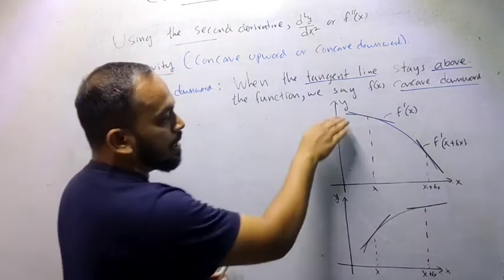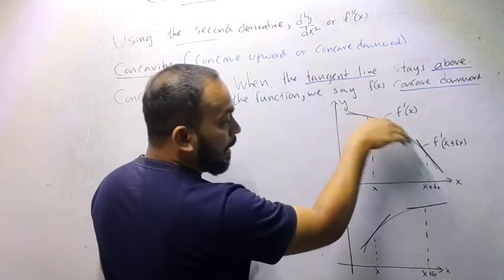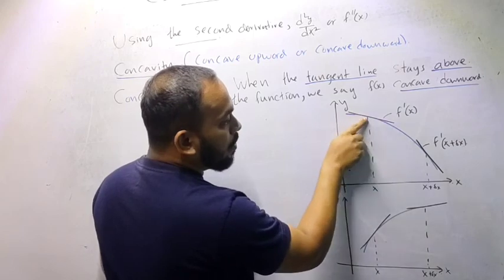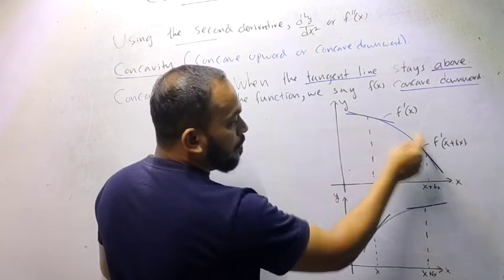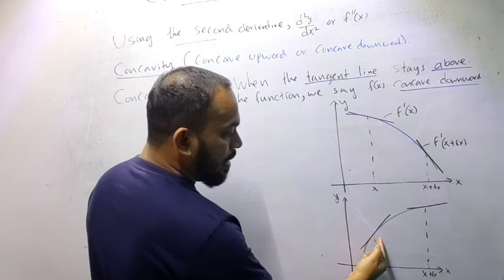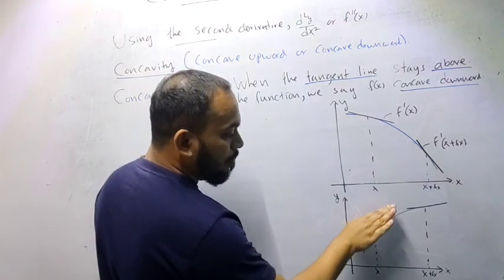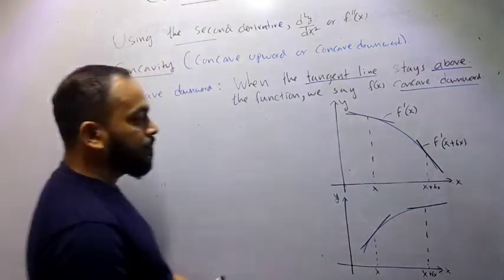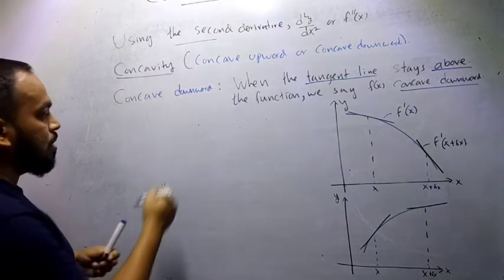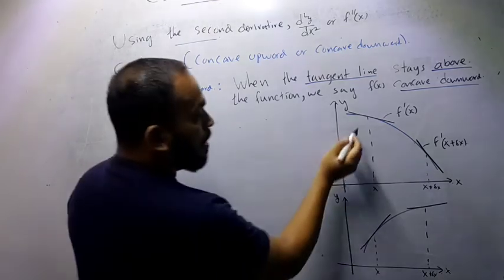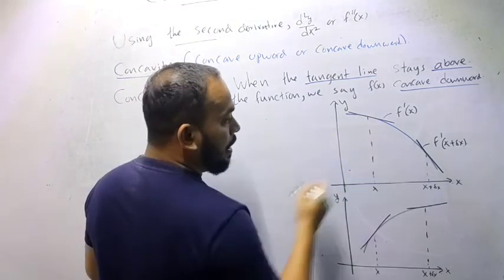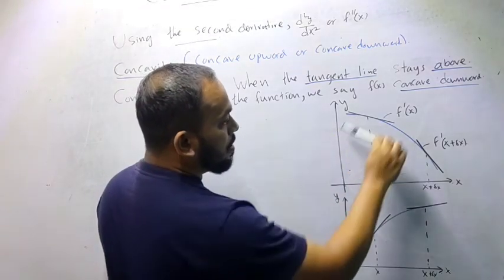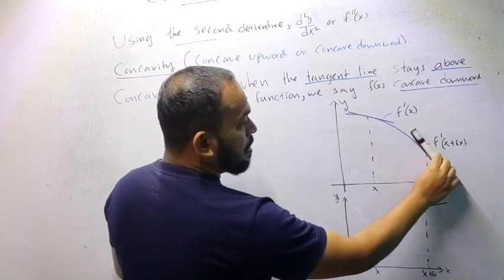You can see in a decreasing function like this, the tangent occurs above the function. Here again, the tangent occurs above the function. So the tangent stays above the function all the time. It's the same thing I'm going to use. Here the tangents are negative, but here this is more negative.